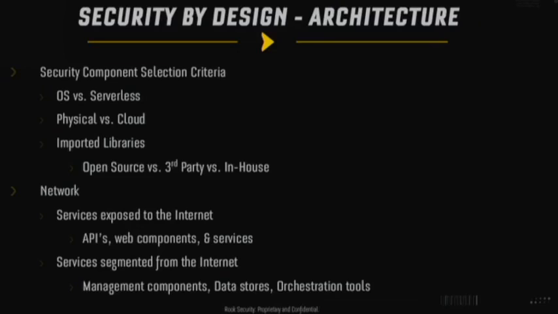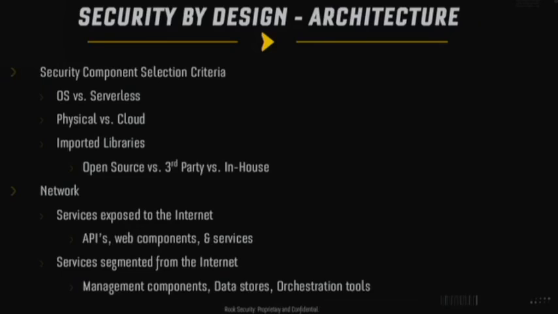So when you're selecting the way you're going to architect your system, looking at whether you want to use an open source operating system versus a closed source operating system, whether you want to use something like Amazon's Lambda processing, stream processing, instead of having to host your own operating systems to run your code. Those are considerations to take into account.